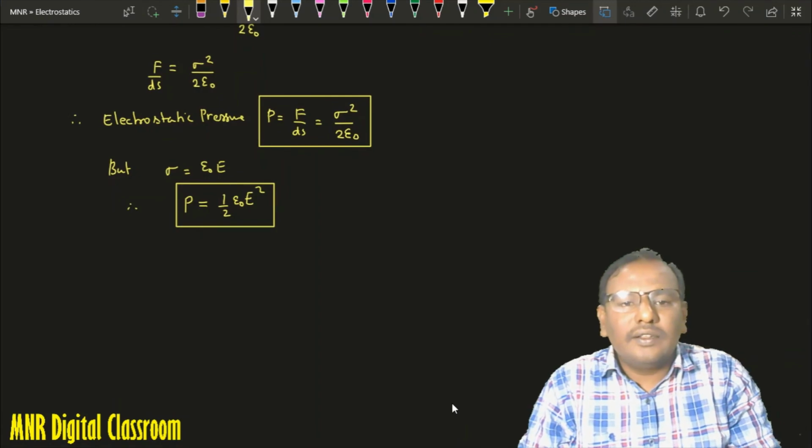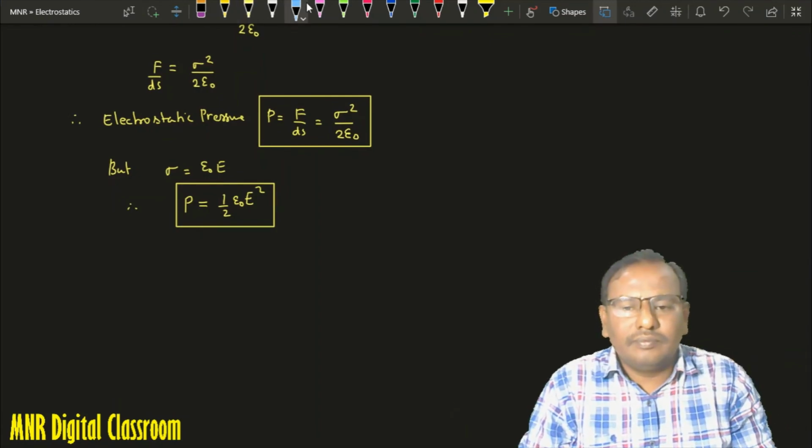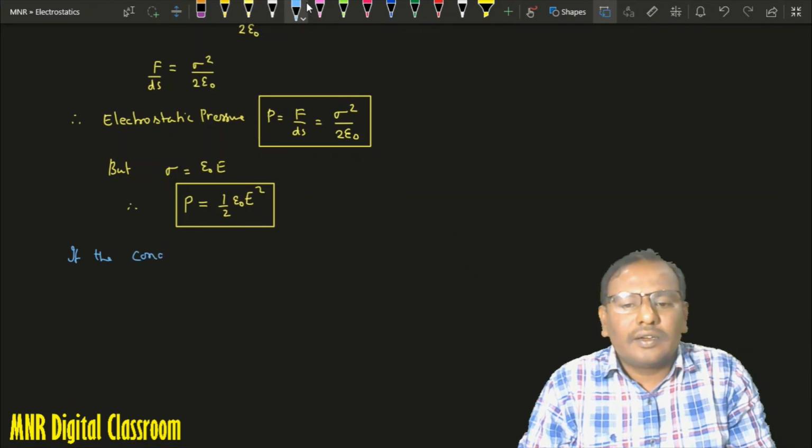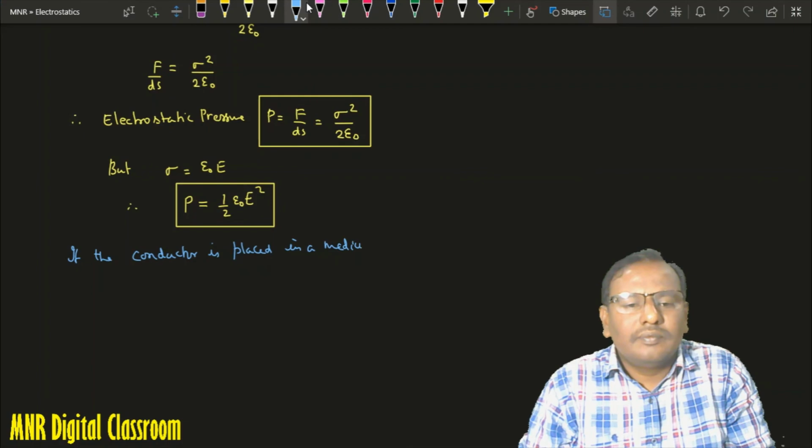If the conductor is placed in a medium of dielectric constant or relative permittivity epsilon r, then the electrostatic pressure is given by half epsilon naught epsilon r into E square.